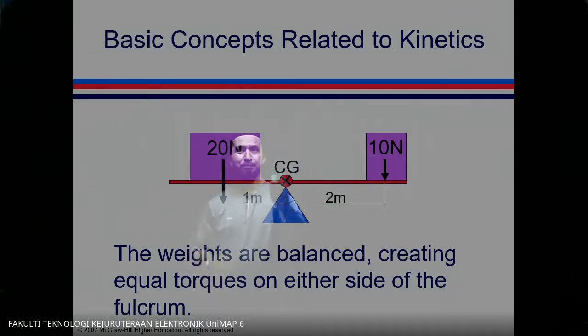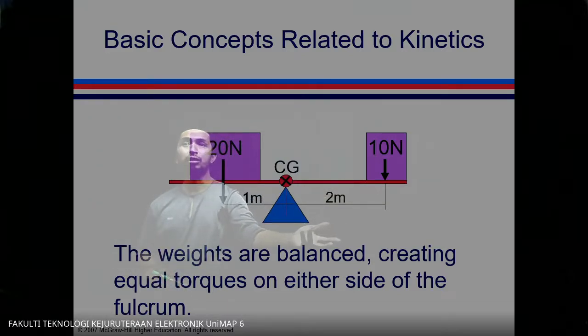Why? Because when we talk about moment or torque, it is force times perpendicular distance. Force is 20 Newton times 1 meter, so it will be 20 Newton meter. Here, 10 Newton times 2 meter is also 20 Newton meter.